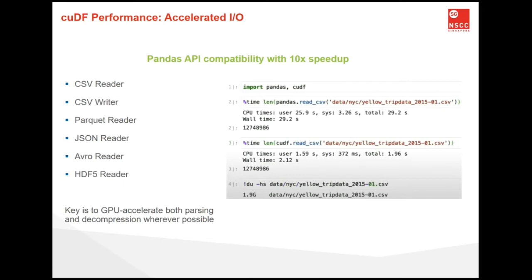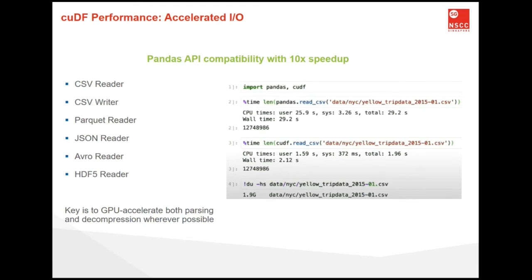Another big part of accelerating data frames is accelerating the I/O, input and output. So being able to load different file formats into GPU memory and do it fast. The example here is comparing loading a 1.9 GB CSV file, which is a taxi trip dataset, using pandas versus using cuDF.